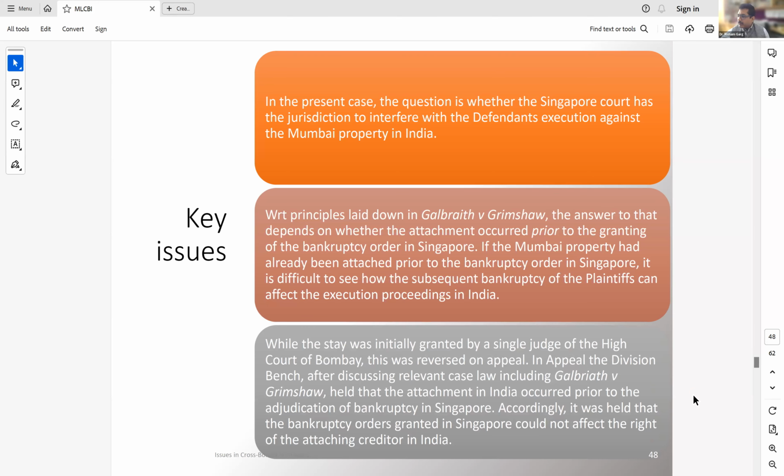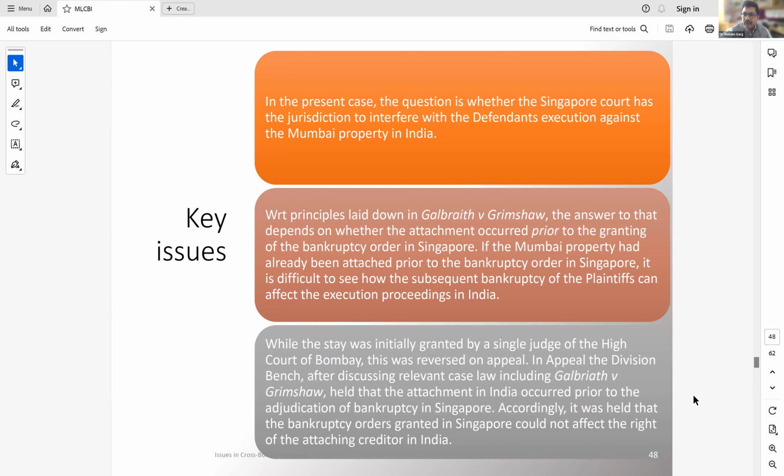When a court admits an insolvency and bankruptcy application, there is a moratorium, a stay. So Manhar Lal brought that bankruptcy stay of Singapore to India and said that now I have a bankruptcy stay order, and you should stay these execution proceedings going on against my property.